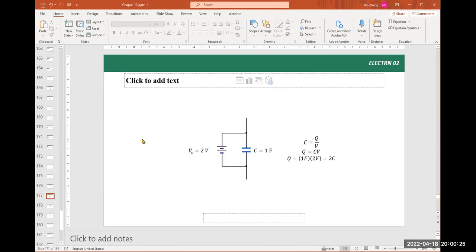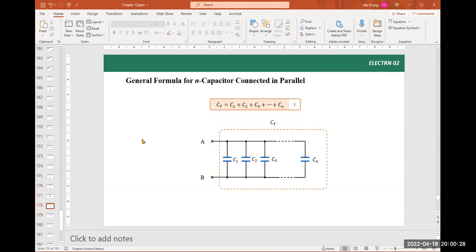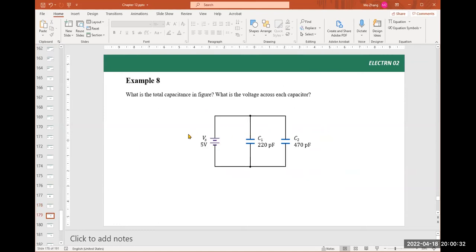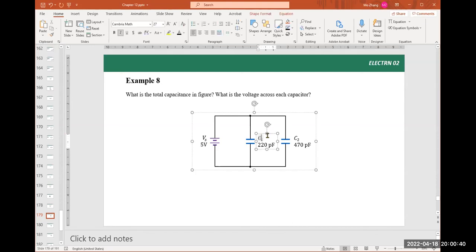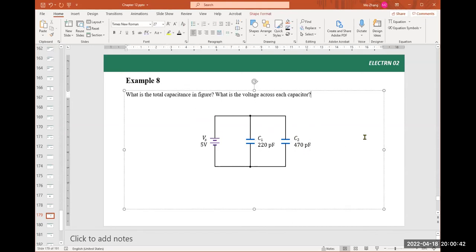So now, that's just the same information as below there. Let's solve this example. For this one, example 8, we have two capacitors, C1, C2. We want to find the total capacitance of the circuit.